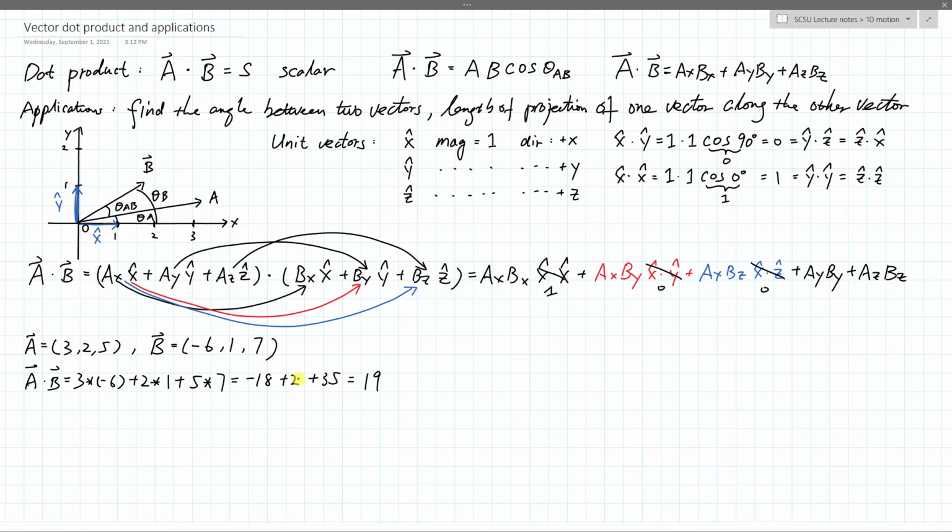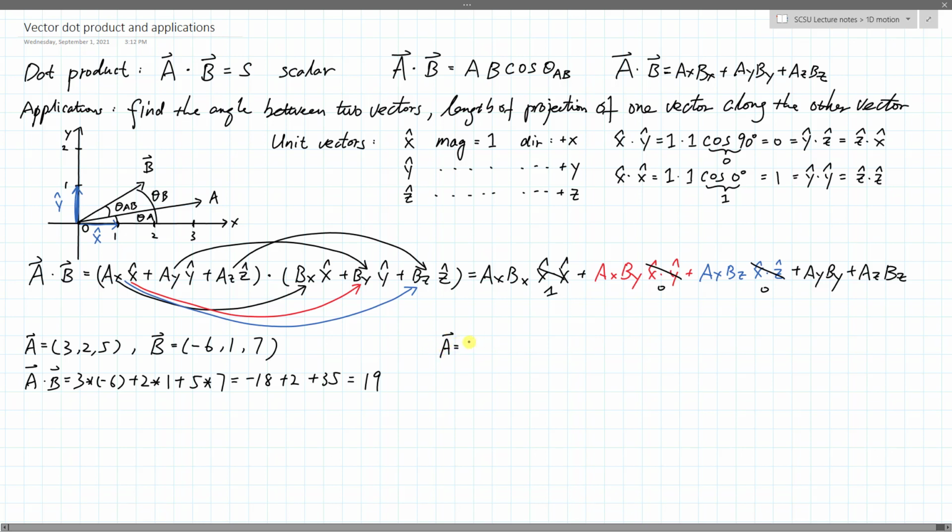Okay, so let's do another example. I'll do it on the right side. A in this case is equal to 13, 6, and 0. And B is equal to 6, 8, and 0.